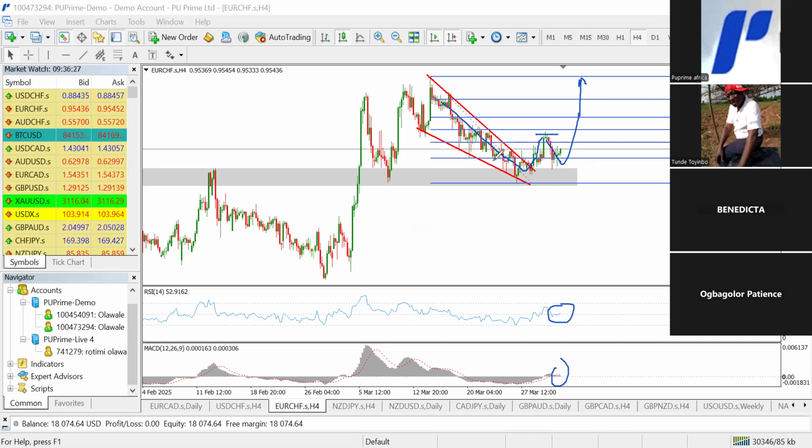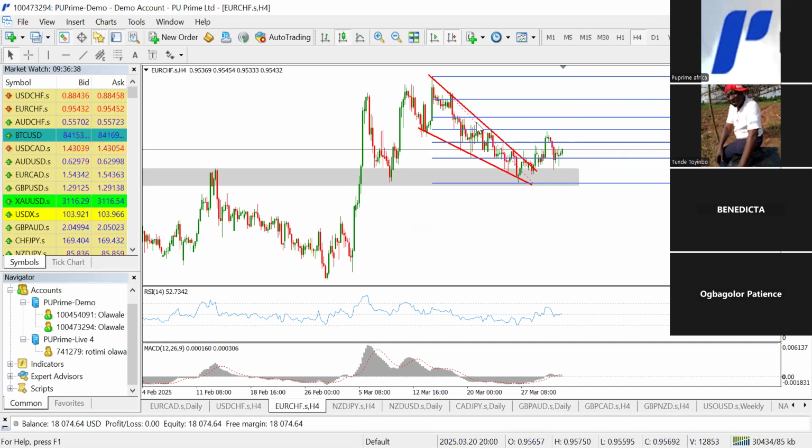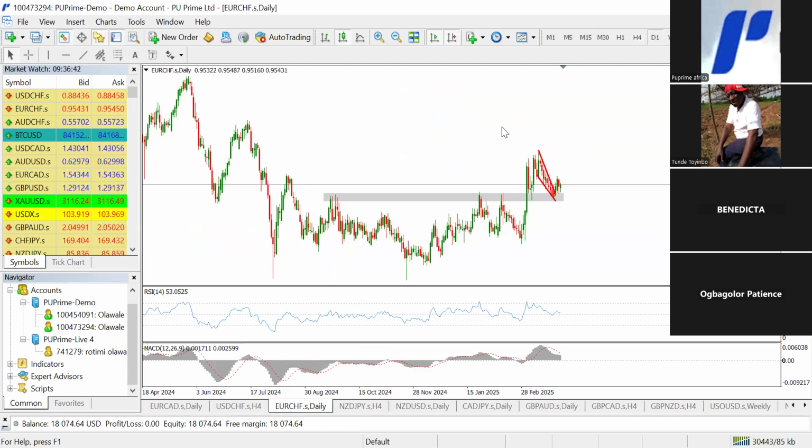And why I believe it will still go back up, see, all these things are a function of analysis. Because on the daily time frame, this is where I got the analysis from. We have a previous resistance here. Price broke that resistance, it became support.